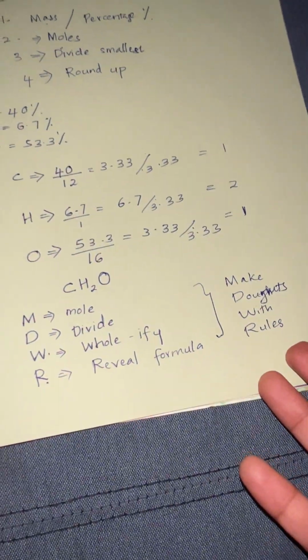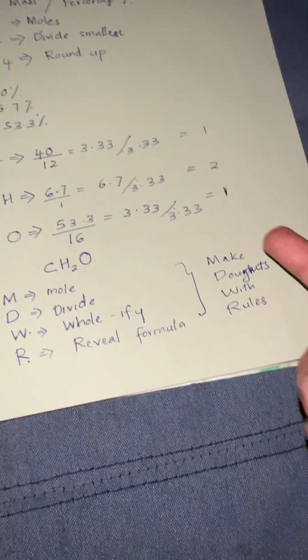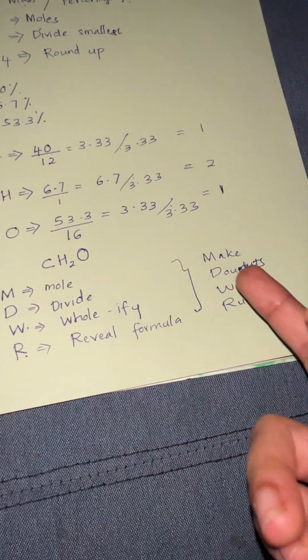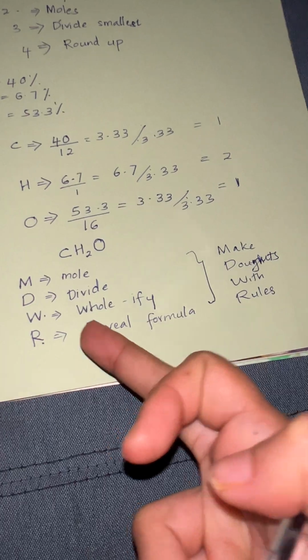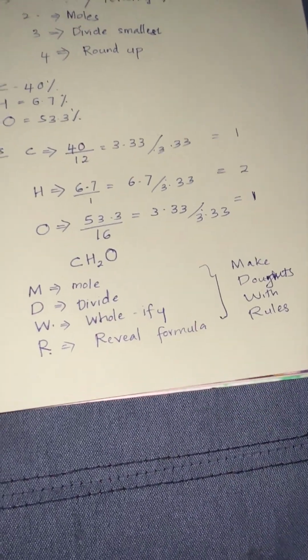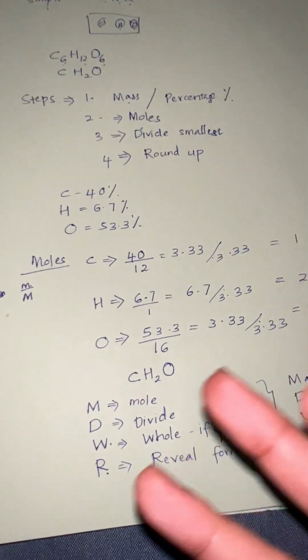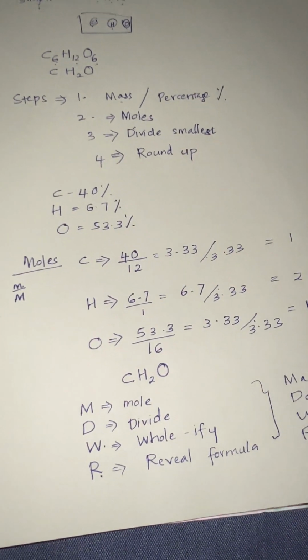So for empirical formula, you can remember it as make donuts with rules. That means M is mole, D divide, W wholify, and R reveal formula. Make donuts with rules. If you remember this, you can keep it in mind very well and easily, and do very well for your exams.